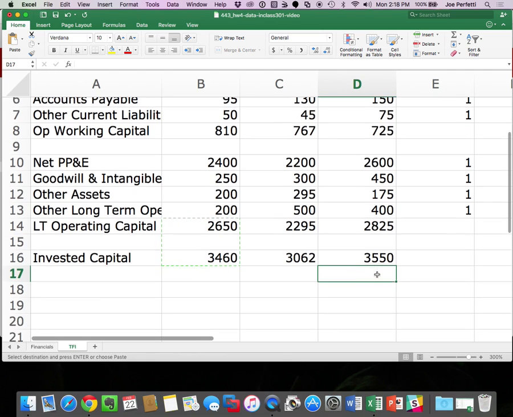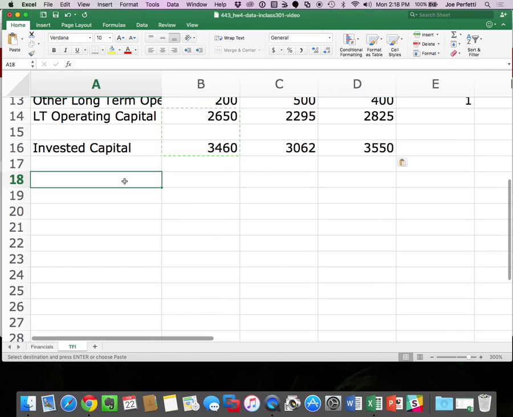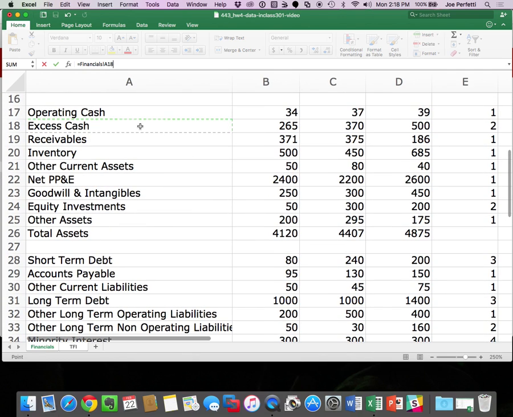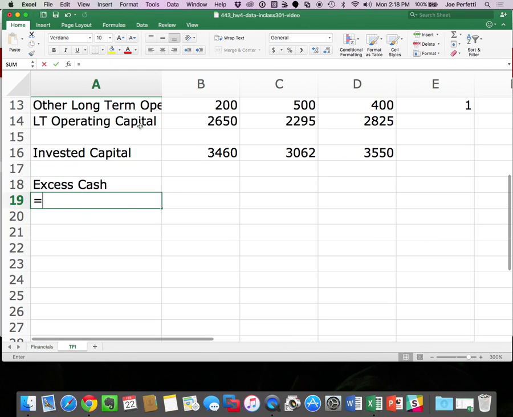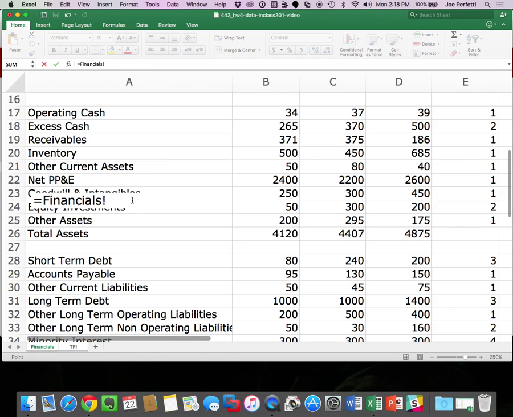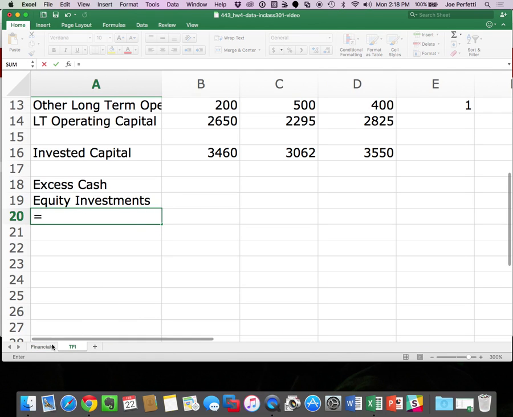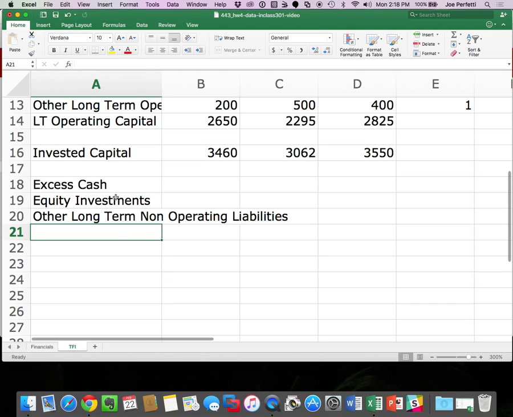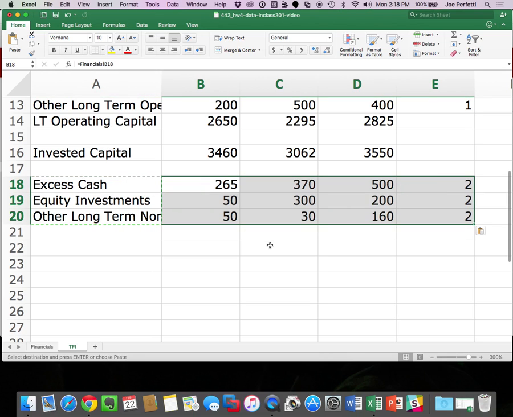Do the same thing with my non-operating assets. Anything labeled 2. So in this case, I have excess cash. And then I look on the asset side, and I have equity investments. And then I look for my liabilities, and I have one liability that's a 2. Same process, I want to net these out, my 2s.